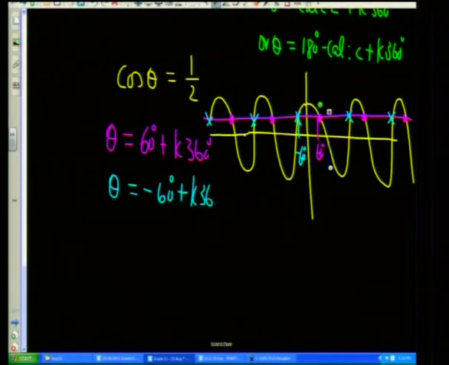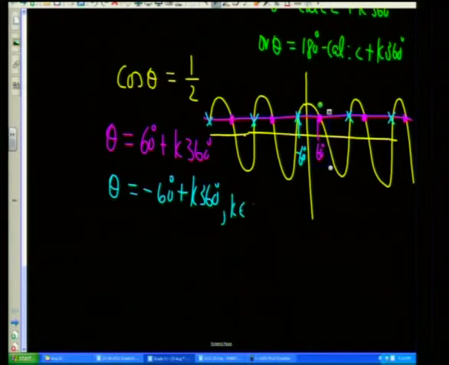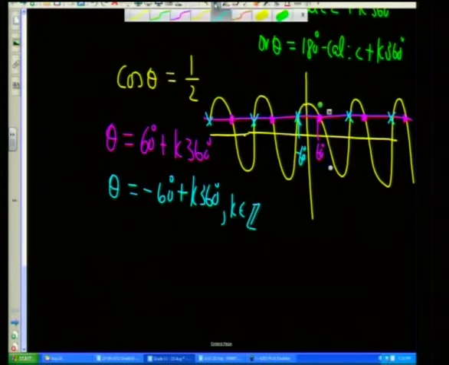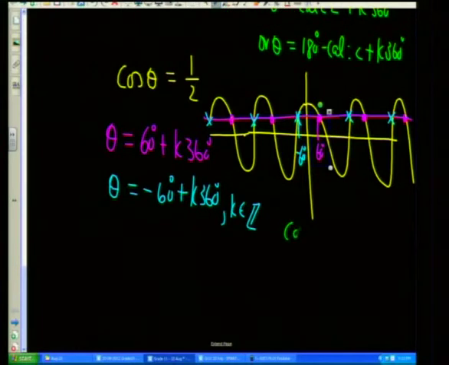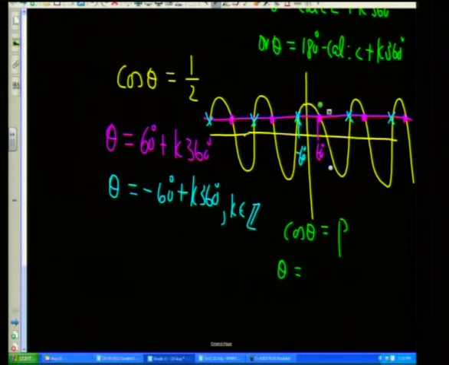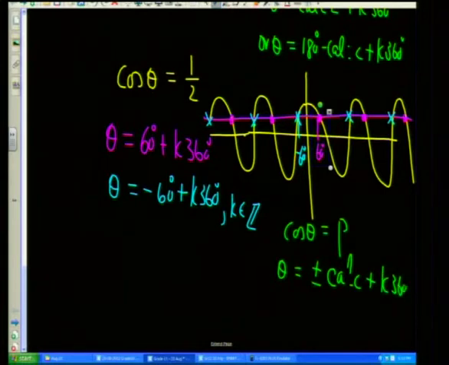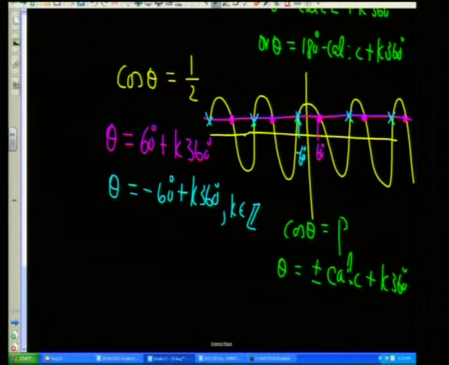And in this way, every single possible solution is captured where k is an element of the integers. So if we were looking at a general solution for cos theta equals p, then theta is actually just equal to plus or minus what the calculator gives us plus k360, where k is an element of the integers.